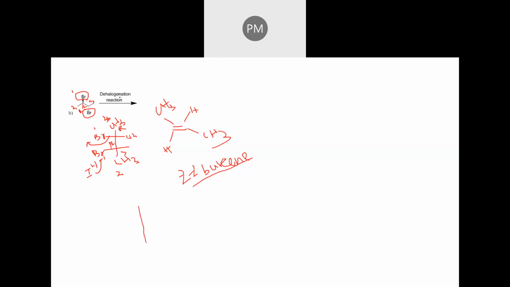If we take a reaction where the bromide is here in one case and here in another case, here also we get a stereospecific reaction, but now the product will be this one.